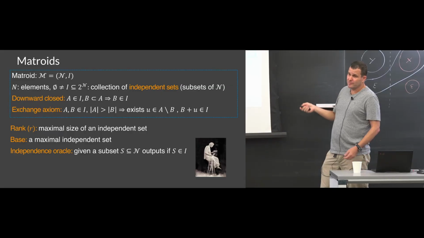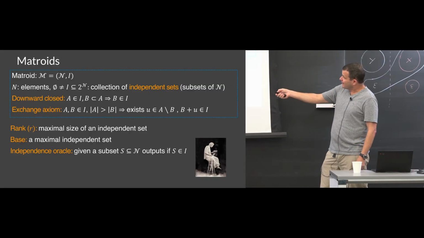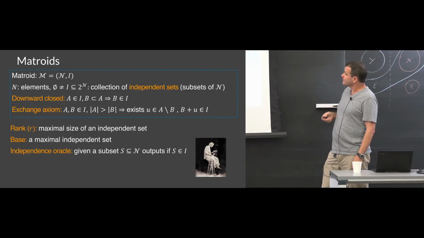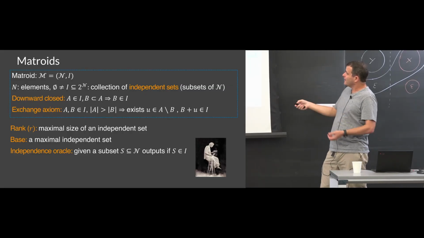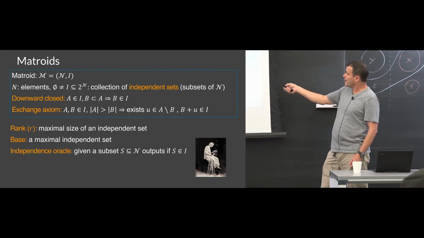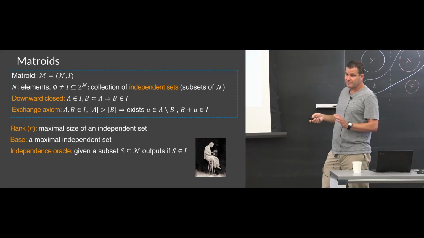One is down-closed: if a subset is independent and you remove elements, it remains independent. The other, the interesting fact, is that if you have two independent sets and one is larger than the other, you can always find one element from the larger set to add to the smaller one, and it will remain independent.